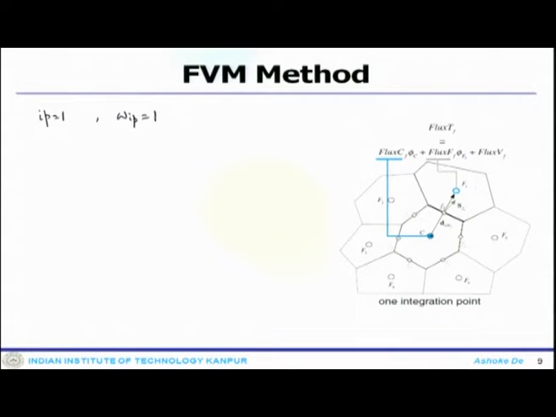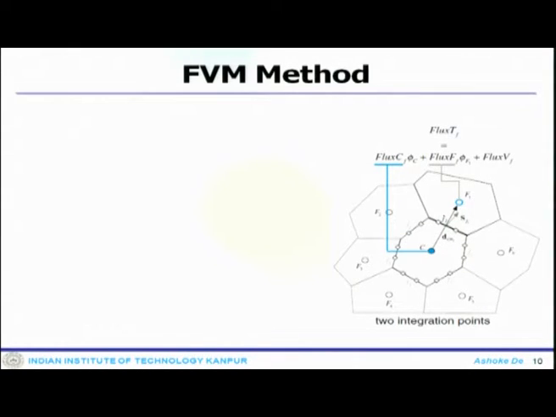Now, one can have multiple integration points. If you have multiple integration points, then what happens? Let us say you have 2 integration points along the surfaces. Every connecting surface will have 2 integration points, 1 and 2. So, in this case IP is 2.